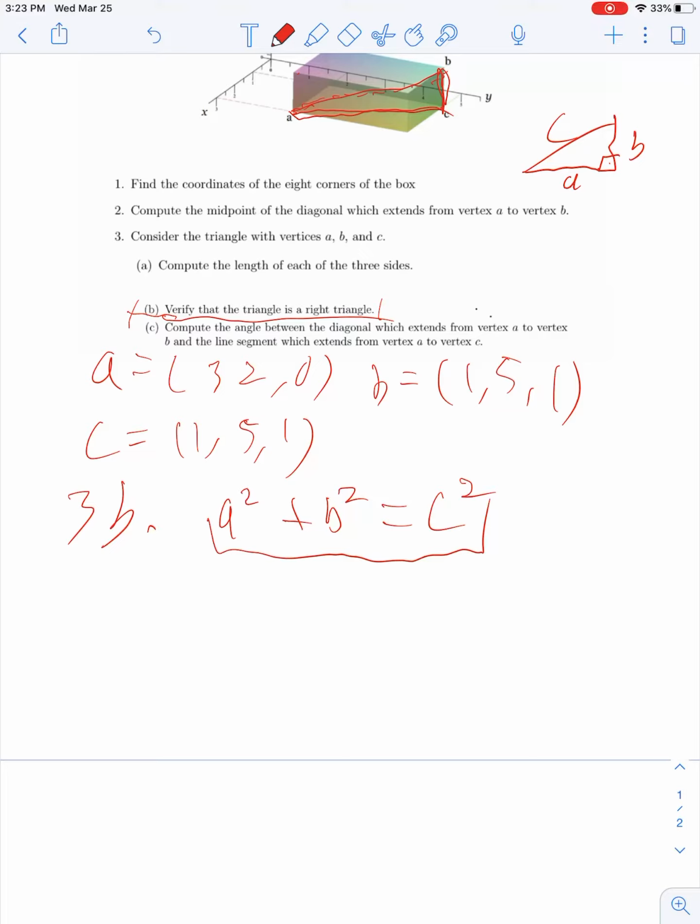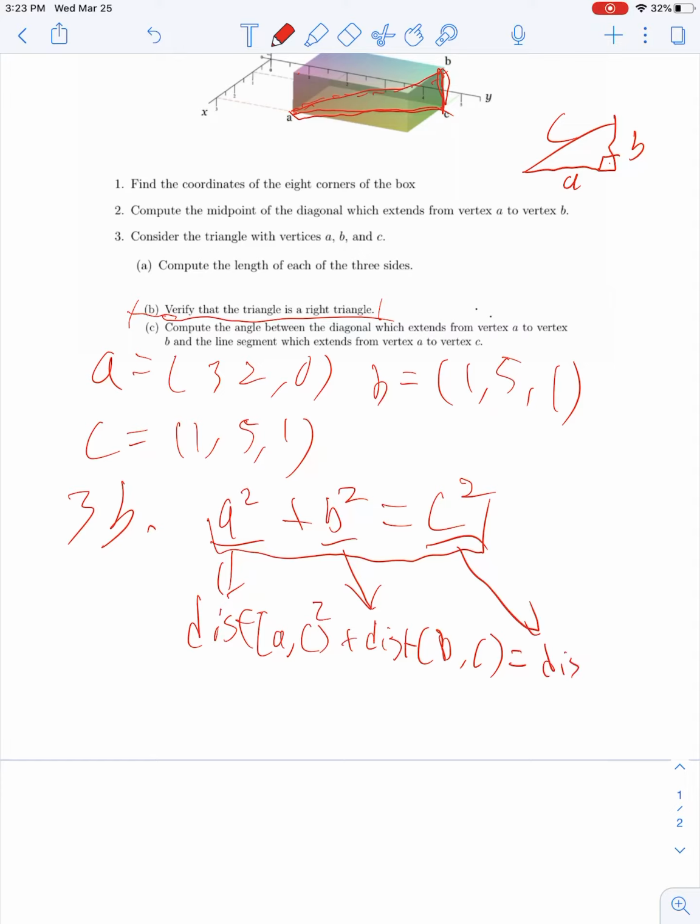So here we're just going to substitute in the distance between A and C, and here we're going to substitute in the distance between B and C, and here this is the hypotenuse, so this is the only one we don't have freedom in picking, and we're going to substitute in the distance between A and B, and that's got to be squared.